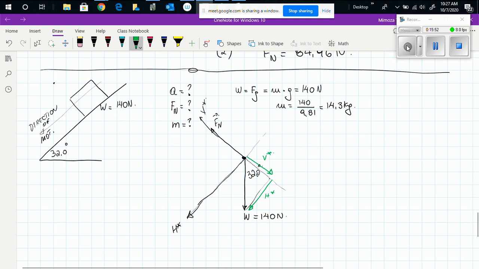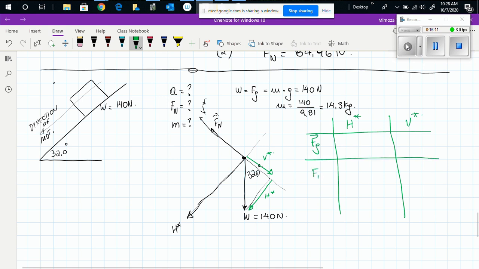Now, since we have a 2D situation, what we do is we add vectors using components. So we have the new horizontal and the new vertical components of force of gravity and force normal, since those are the only two forces that the object is experiencing.